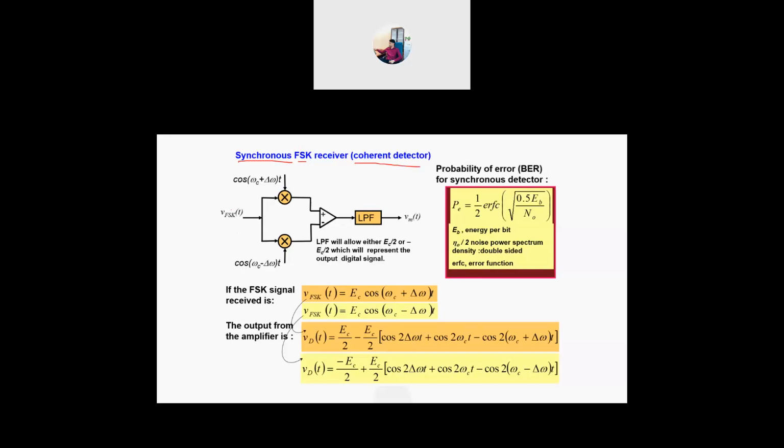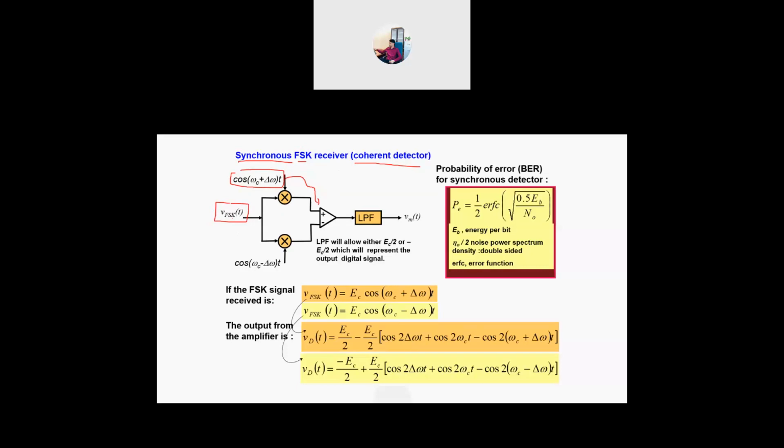So if you see, this is our VFSK, the frequency shifting voltage signal, and this is a mixer. So this VFSK will be multiplied, mixed with cos(omega C plus theta omega) here, and then we'll go through the summer amplifier.